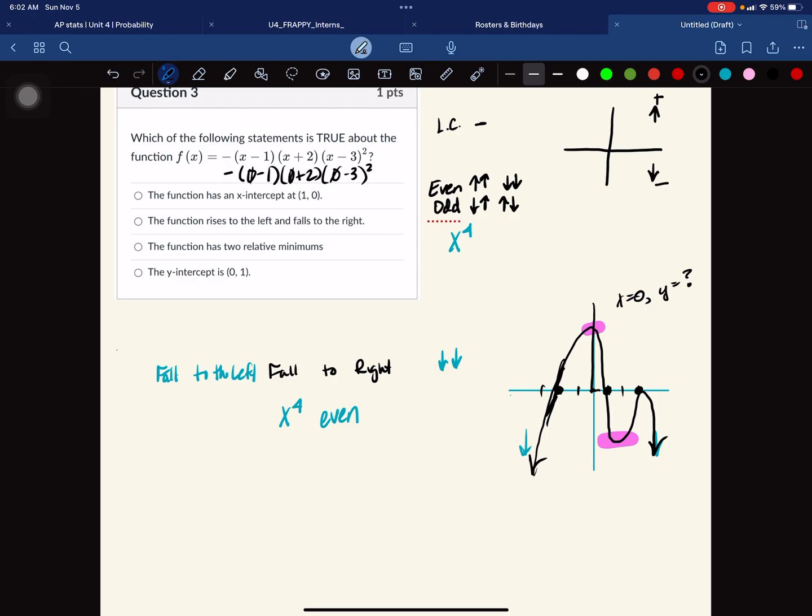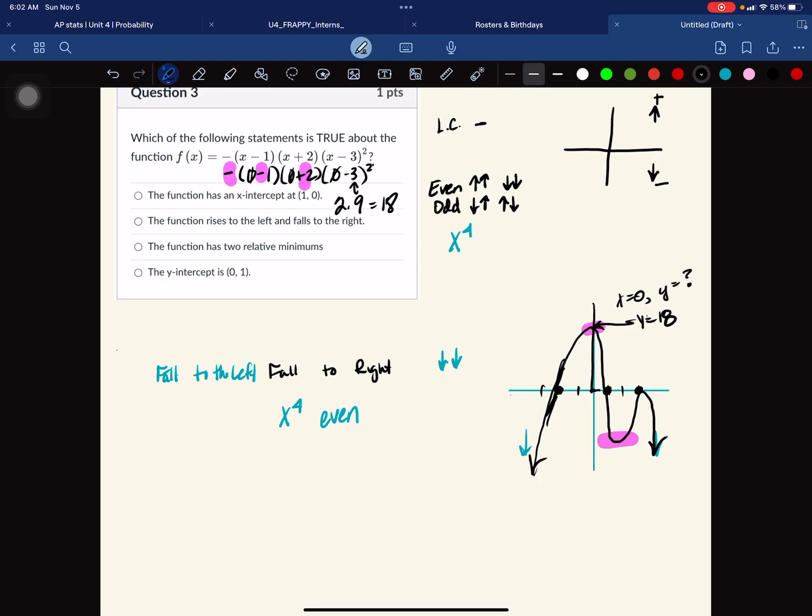So here we go, negative times negative, right? Because it'd be negative 1 inside of there. It gives me a positive 1 times a positive 2. And then I have negative 3 quantity squared, that's 9. So 2 times 9 is 18. That jives with my little picture here that I guessed, where it was going to cross, but it would have crossed at y equals 18.